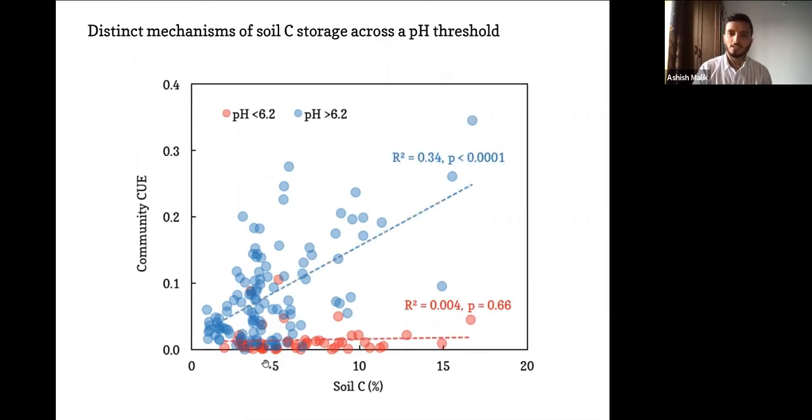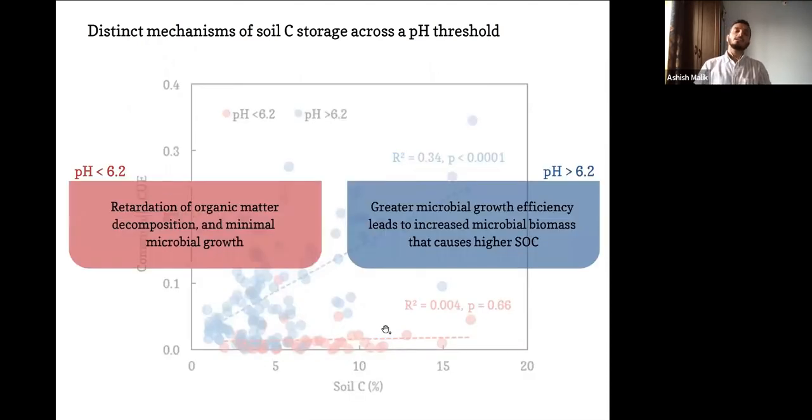So what we saw is that below pH 6.2, there was no covariation of carbon use efficiency with soil carbon, but above pH 6.2, carbon use efficiency nicely correlated with soil carbon. And so we hypothesized that there are two different mechanisms of soil carbon storage across this pH threshold.